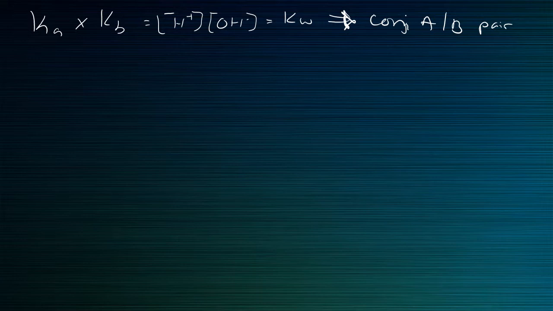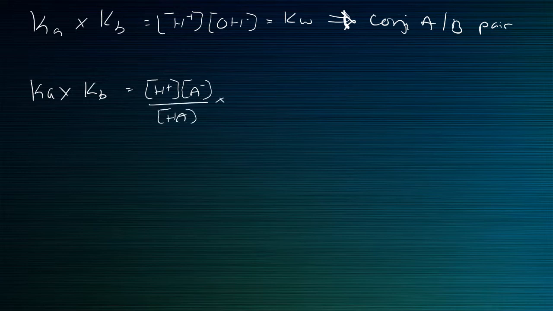And the reason this works is, if you have your Ka, your acid dissociates into the proton and the ion. And then your conjugate base turns back into its parent acid and releases a hydroxide ion, or goes back to the base, whatever that looks like, and then your ion on the bottom.